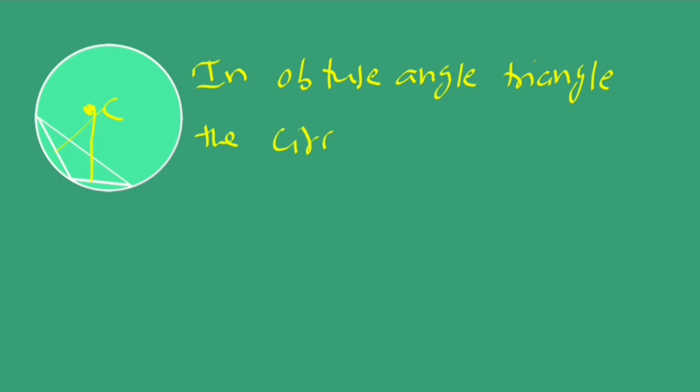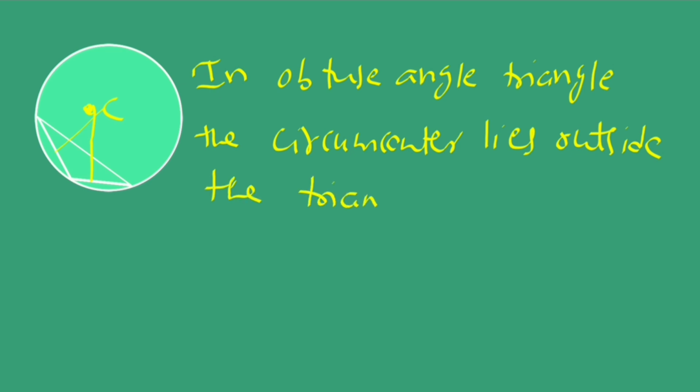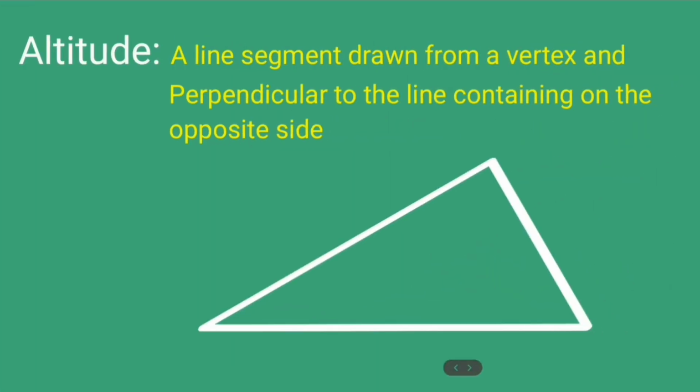In an obtuse angle triangle, the circumcenter lies outside the triangle. Okay, remember these 3 points.